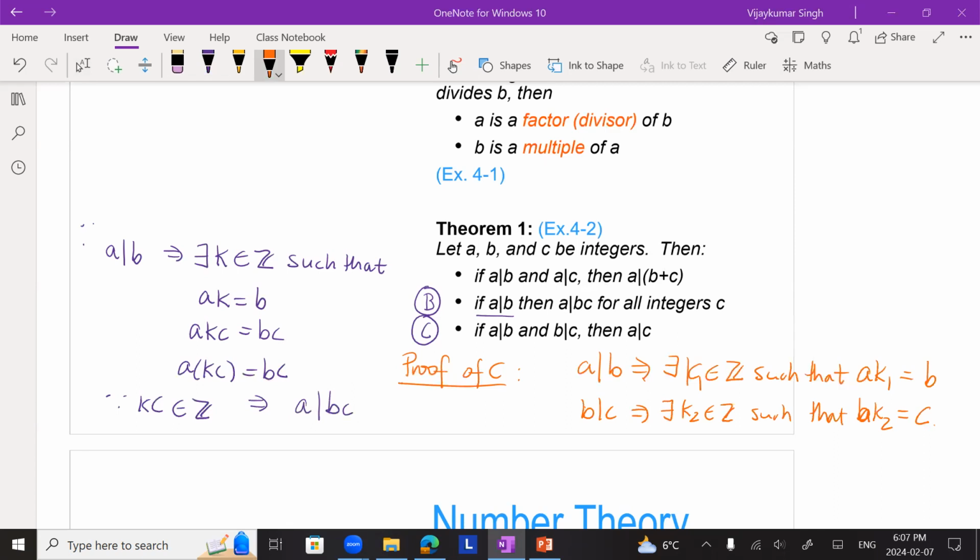Now we want to show that A divides C. Already you should think about it. You're not going to stumble upon the solution. What does it mean? I want to write C equals some multiple of A, right? So let's start with that. Here we get C equals BK2. But what is B?